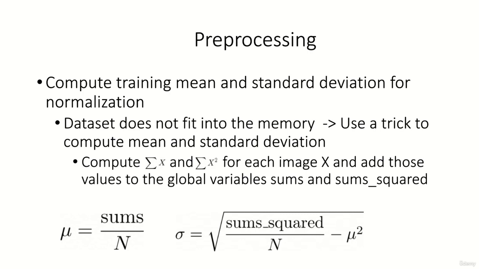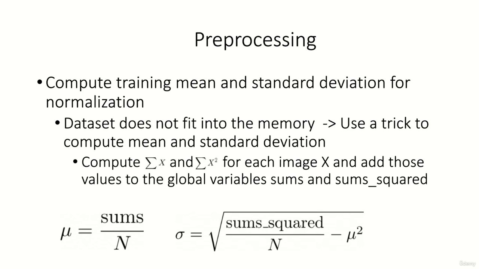For each image in the dataset, we calculate the sum of the individual pixels as well as the sum of the squared pixels. Then we add those 2 sums to 2 global variables called sums and sums squared. We can now compute the mean by simply dividing the sums variable by the number of images in the dataset. In this case, this would be 24,000.